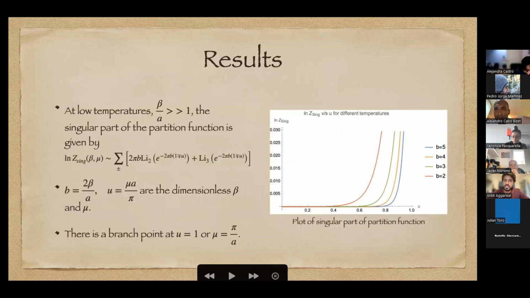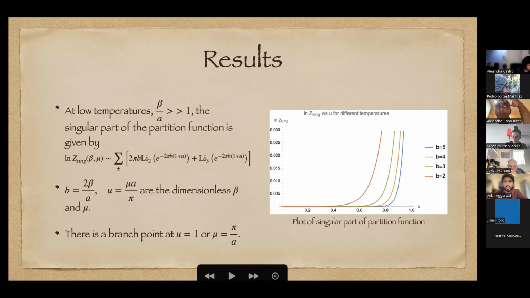This partition function can be computed exactly, but here I'm just going to present the singular part of the partition function because that's what will be relevant for the phase transitions. At low temperatures, it's given in terms of just polylogarithms. By low temperatures, I mean that the inverse temperature is much bigger than the separation between the plates.